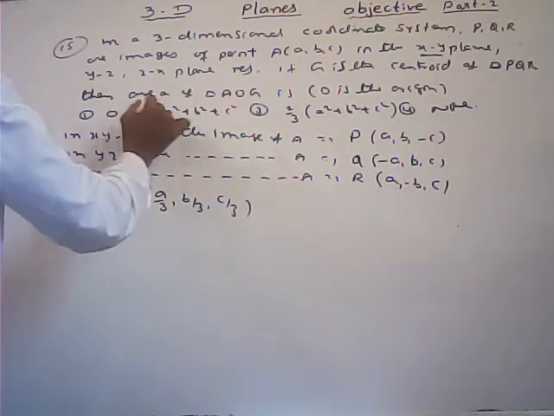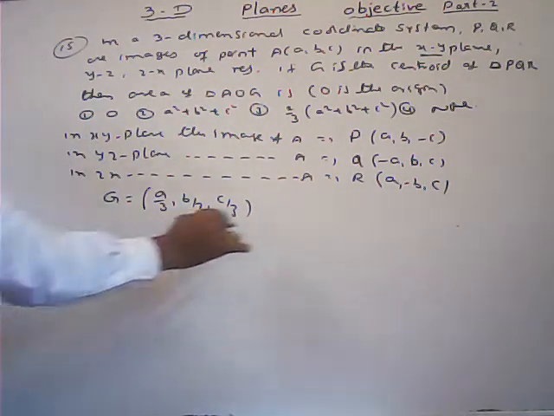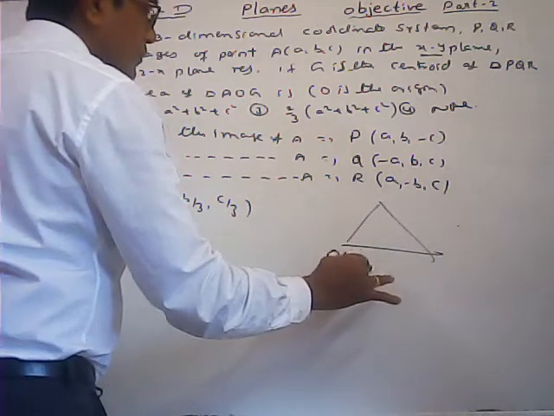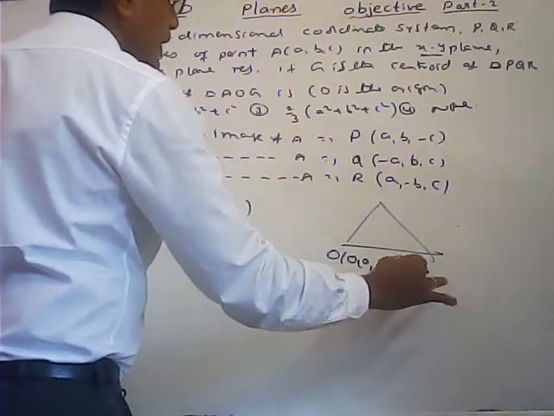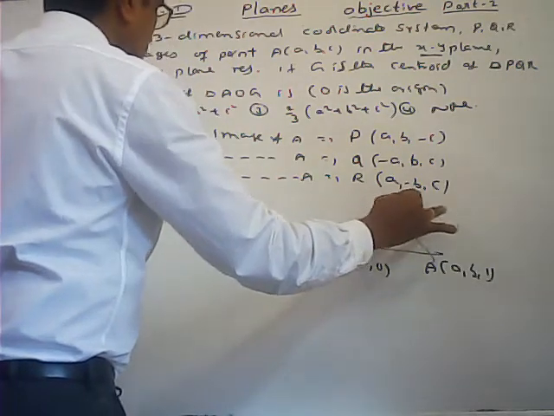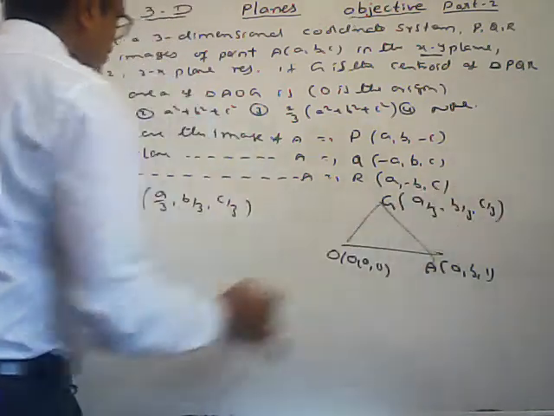Now here what they are asking is the area of triangle AOG. O is the origin. A is (a, b, c). G is (a by 3, b by 3, c by 3).